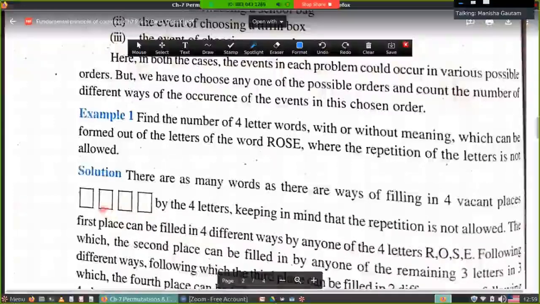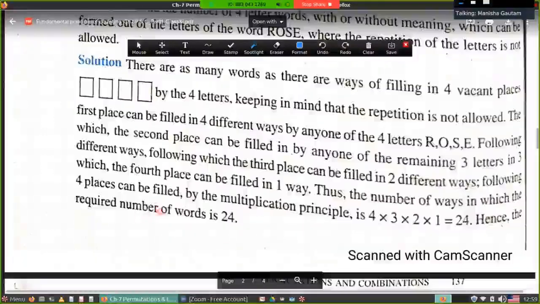The third place can be filled by any of the 2 left letters. And the last one is by 1. So 4 into 3 into 2 into 1. How many ways are there? 4 into 3 into 2 into 1, you get 24 words, with or without meaning, that you can make by using these letters R, O, S and E.